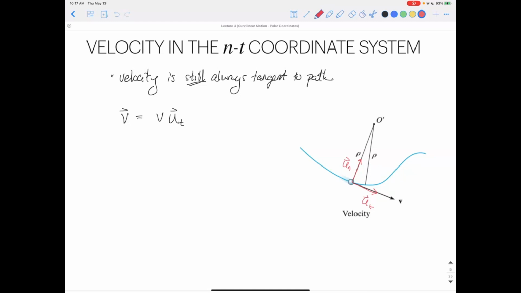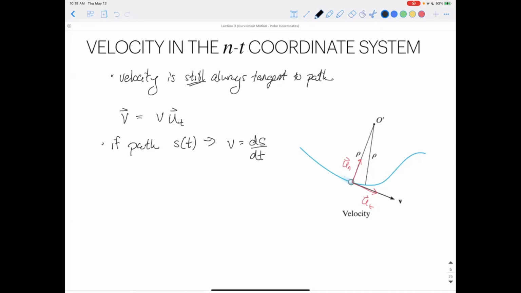And this is convenient if we know a function of the path, because if our path function is known, and the path might be some function s as a function of time, we can calculate our speed as the derivative ds/dt.